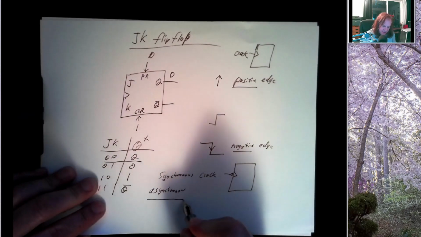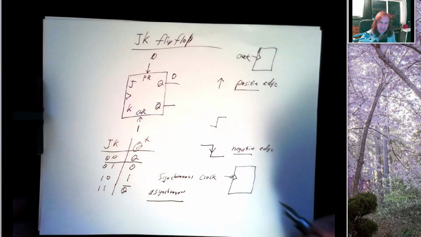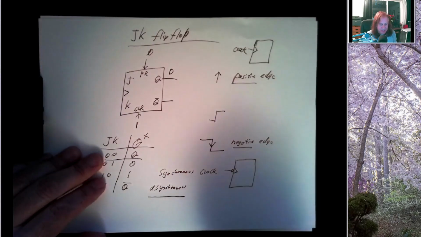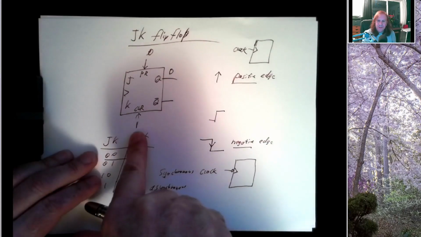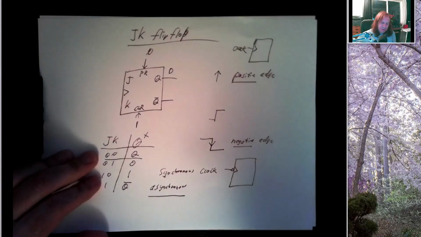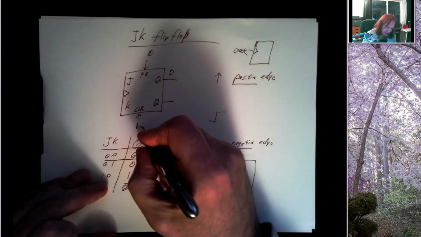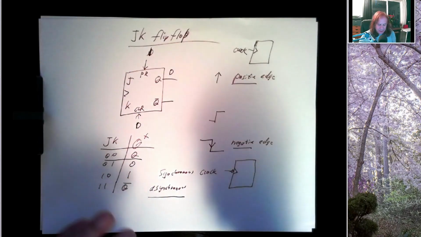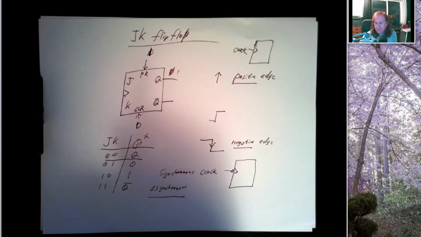And asynchronous means that if I set the clear line to 1, the output immediately drops, regardless of what's going on with the clock. So in between clock ticks, normally the device is stable. But with an asynchronous clear, as soon as I put a 1 into that, the output drops right away. And with an asynchronous preset, if I put a 1 into this, immediately the output goes to 1, regardless of the clock.